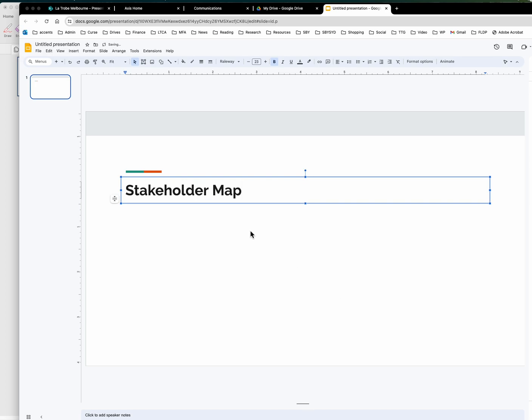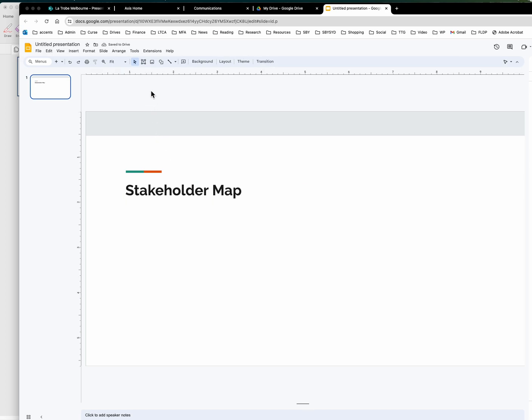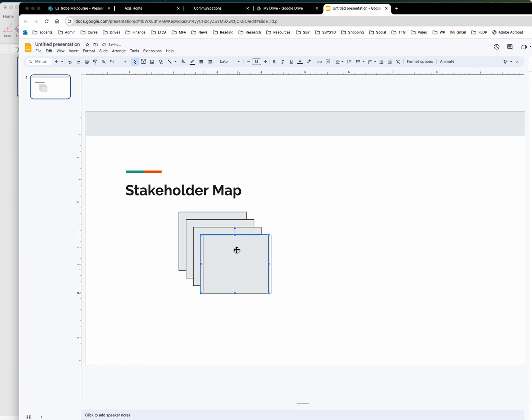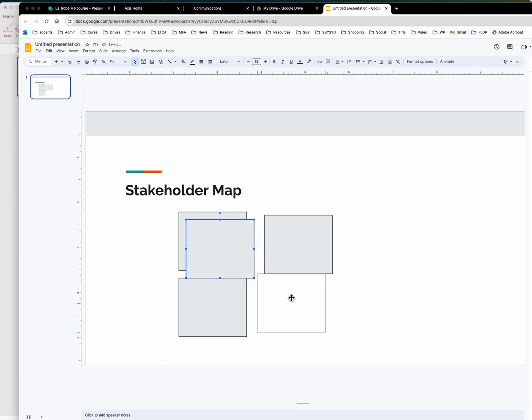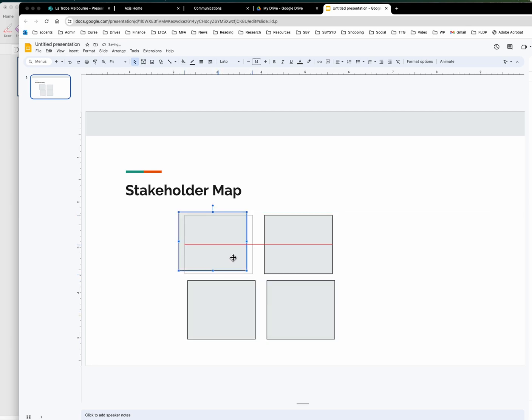Now, I don't think that I'm giving away any secrets to say that we should be looking at Johnson and Scholes' idea of the stakeholder map. Which of course has 4 squares, arranged something like this. Just going to do a quick job of this.